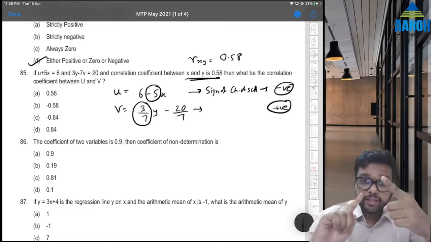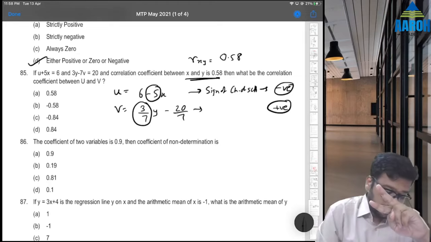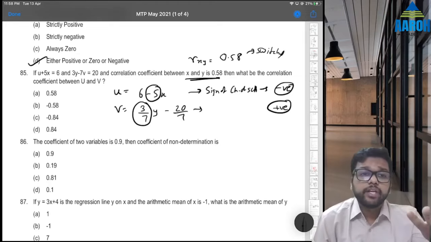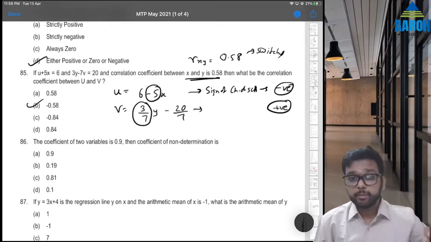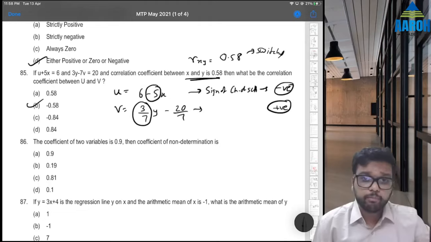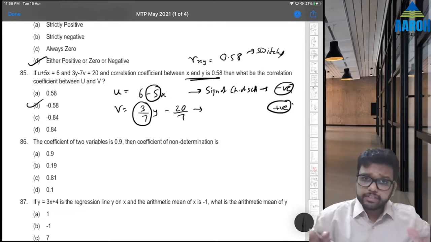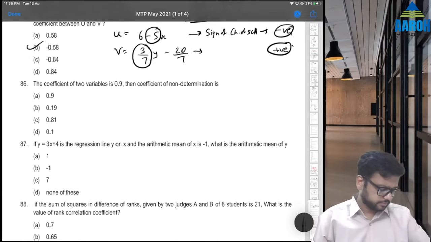If the signs are one negative and one positive, then the sign of R gets switched. So R will become negative 0.58. Again, revision lectures for this are also available on the channel. Go through them. This is very important. If both are negative, then R remains the same. Both positive, R remains the same.